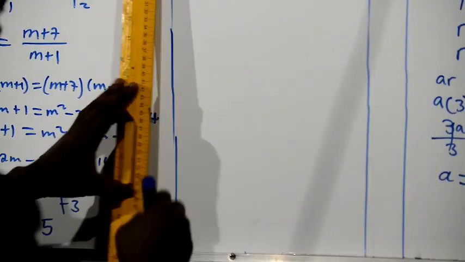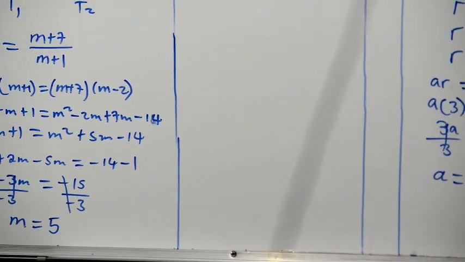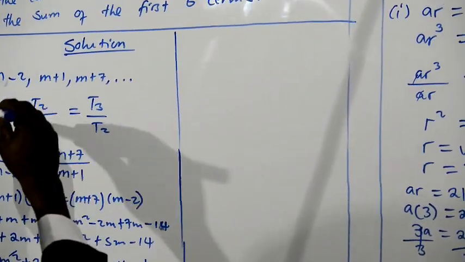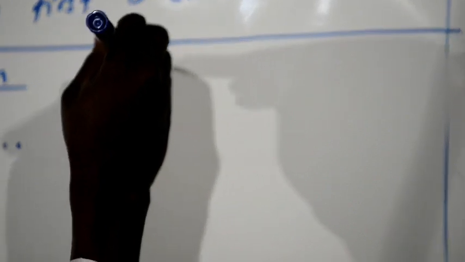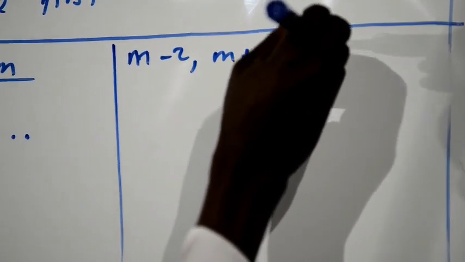Next, the question is to find the common ratio. So how do we get the common ratio? First, let's list our terms. That is m minus 2, m plus 1, m plus 7.